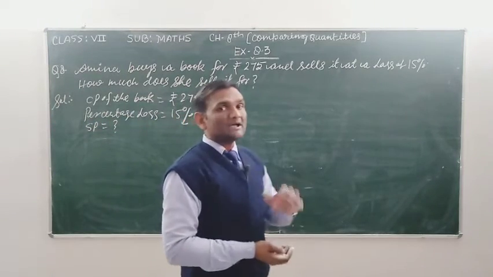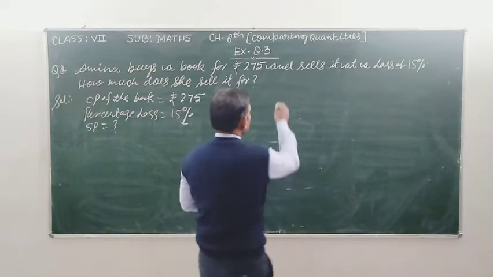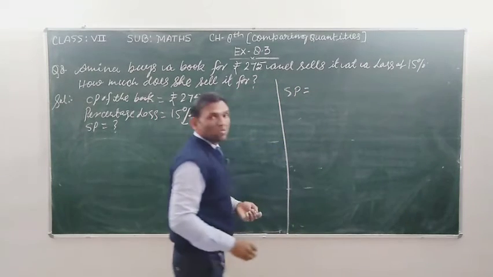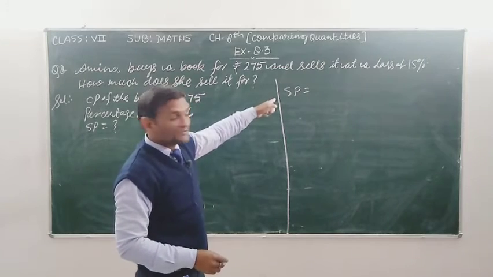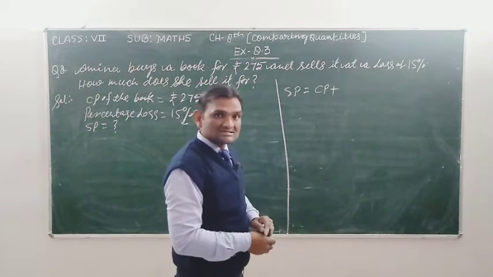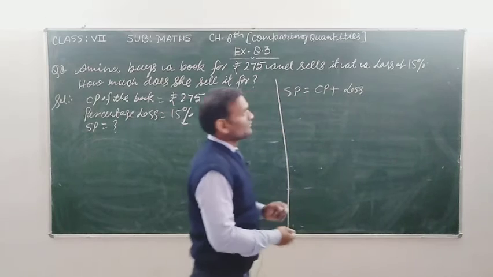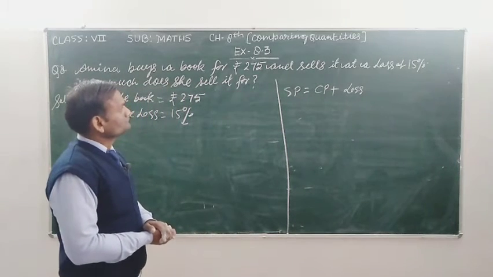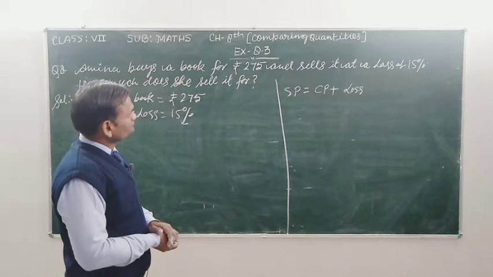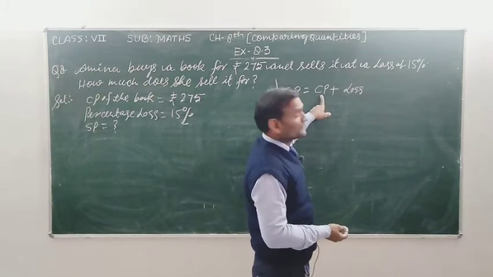So student, I have told you the formula for finding the SP. SP is equal to, how can we find out the SP? CP plus loss. CP plus loss. So student, CP माइनस लॉस होगा.